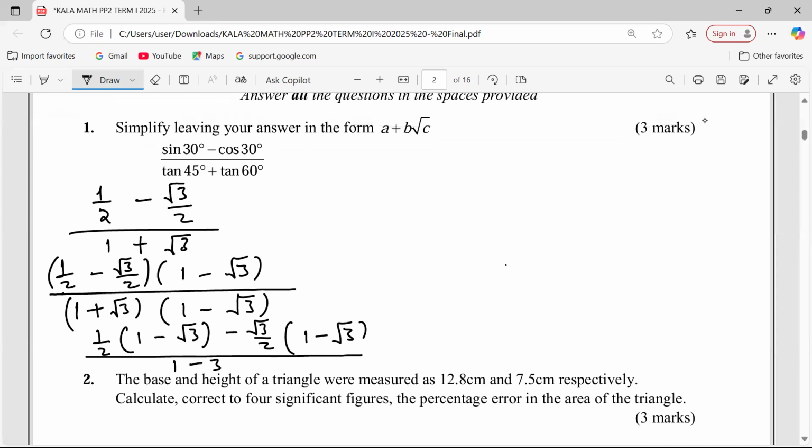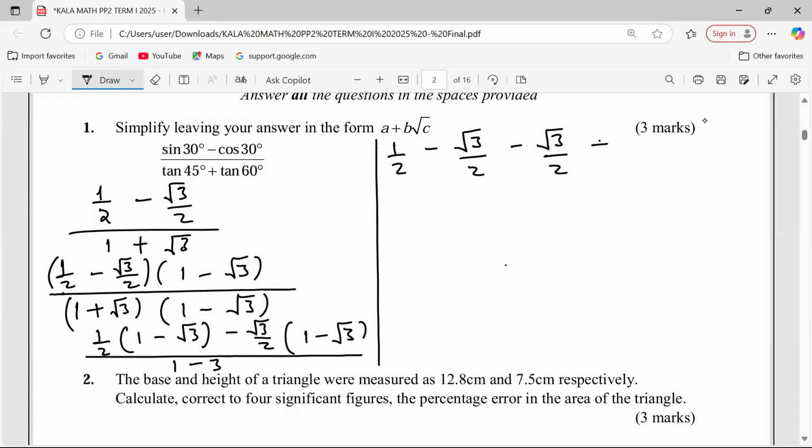So now we can expand completely. We can open the brackets on the numerator. Half times 1, which is half, then minus root 3 over 2, because we are multiplying it by half. Then negative root 3 over 2 by 1 gives negative root 3 over 2. Then minus root 3 over 2 multiplies by negative root 3.